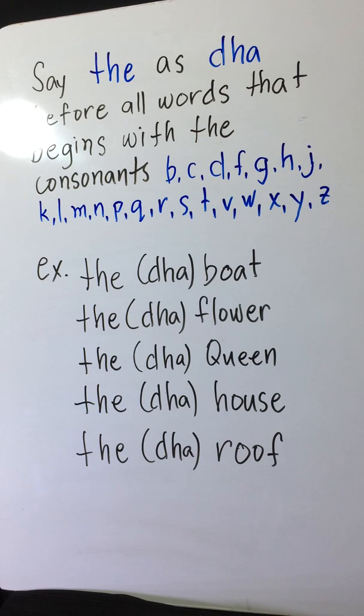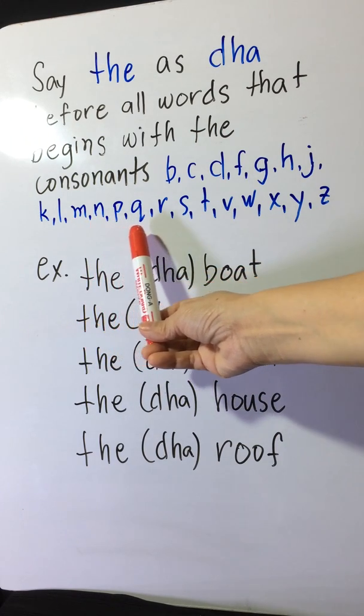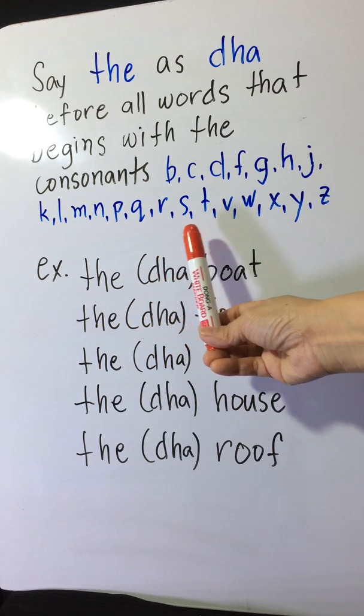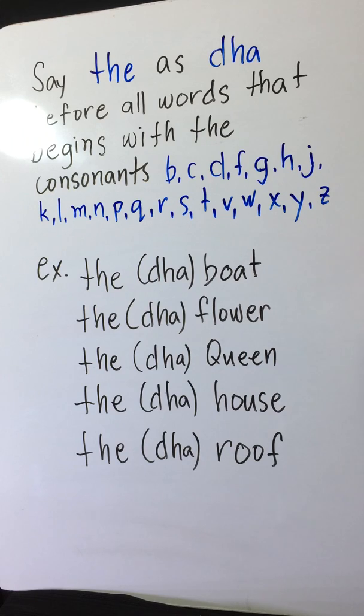H, J, K, L, M, N, P, Q, R, S, T, V, W, X, Y, Z. Our example: the boat. B is a what? Vowel or consonant? Consonant. The flower.